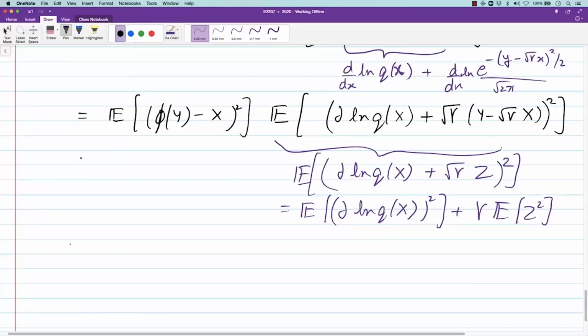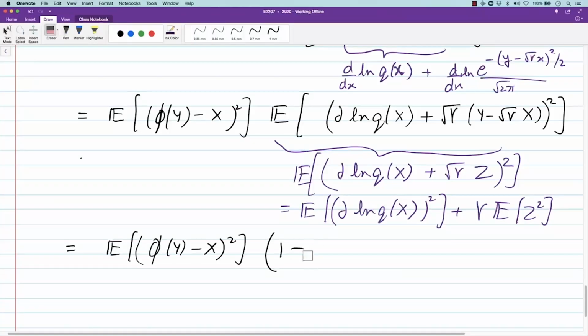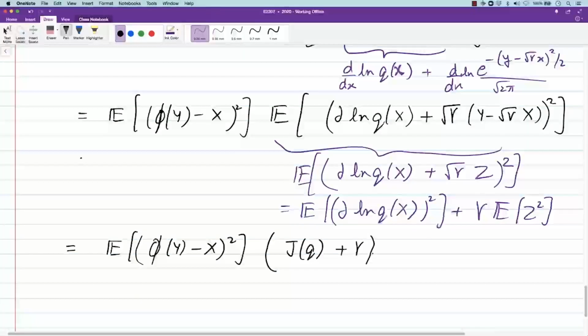Therefore, this whole term becomes the expected value, this is my first term, the mean square error, times this term here, which you can recognize as J(q) plus gamma.